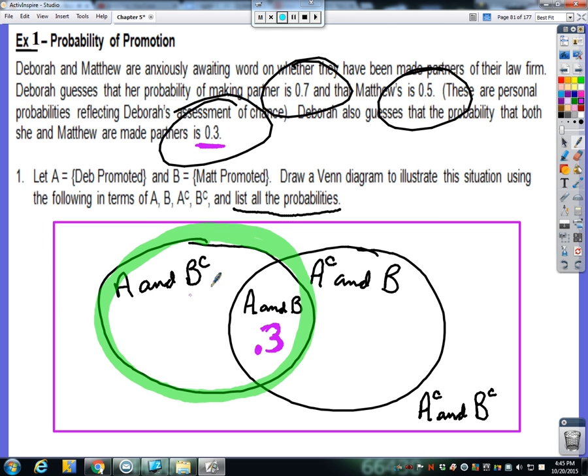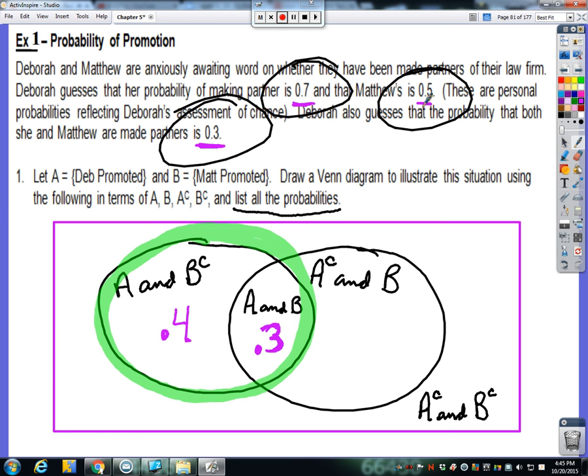So how much is left over of that 70% where only she gets made partner and Matt does not? Well, that's got to be a leftover 40%. Again, 40 and 30% altogether makes 70%, which we were told, but we've already talked about 30 of the 70% for when they are both.